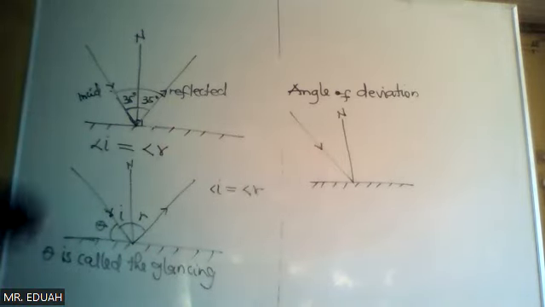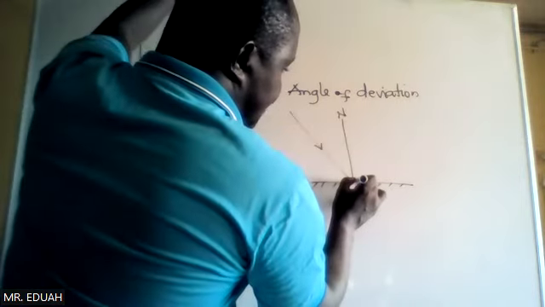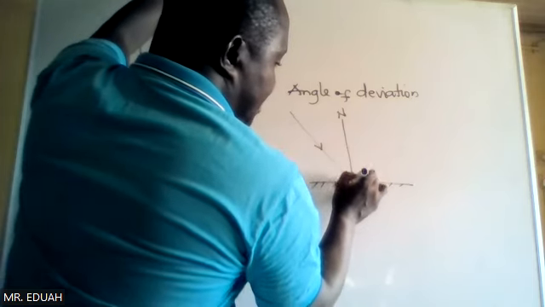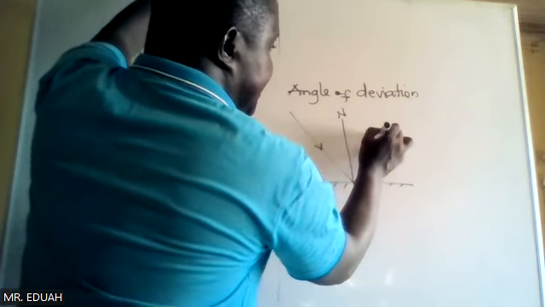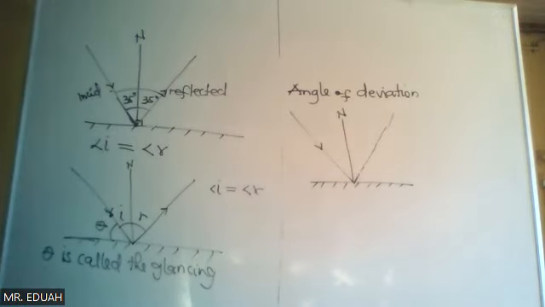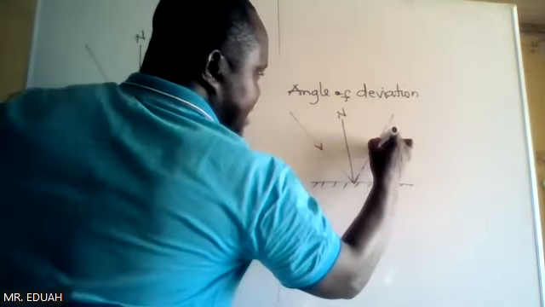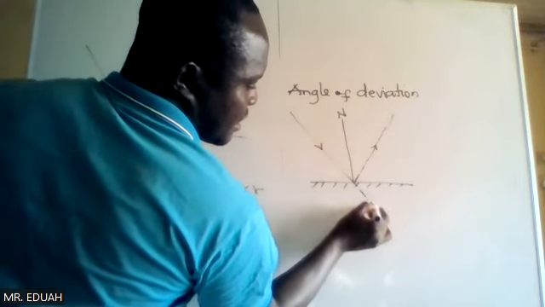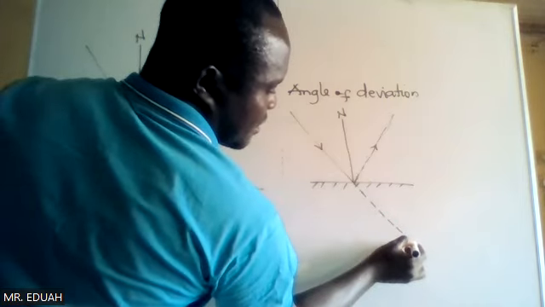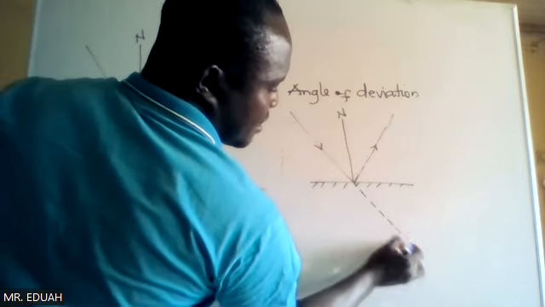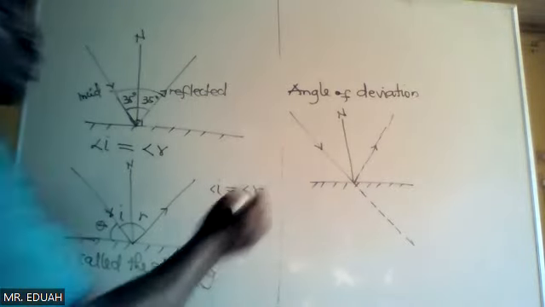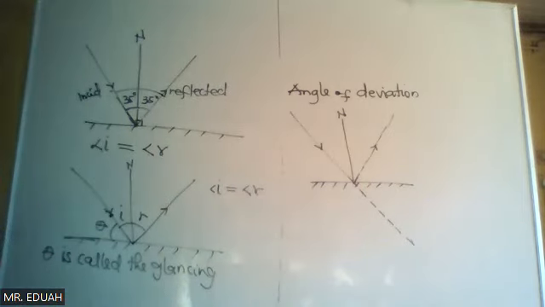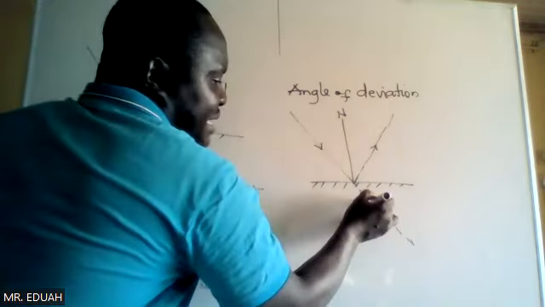When the ray hits the surface, it reflects in this direction. Ideally, we expect the ray to go undeviated, but we see the ray deviated through this angle.